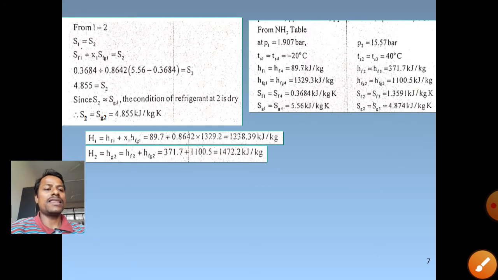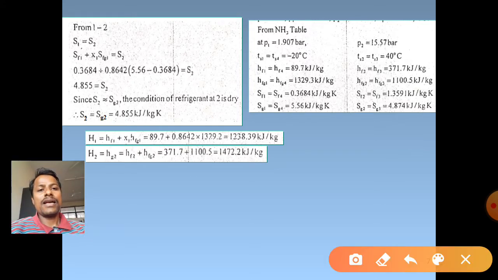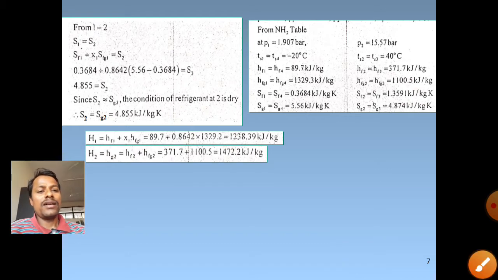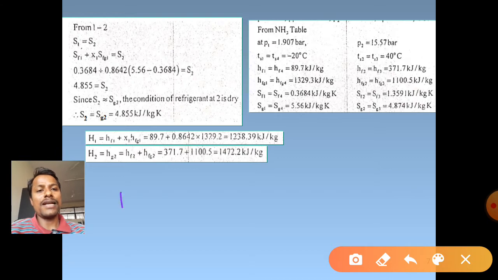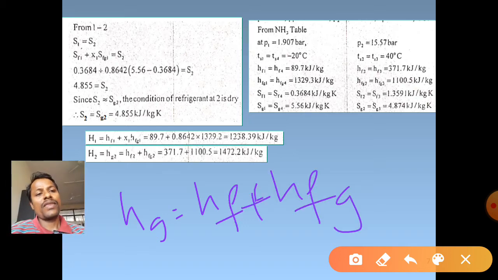Then similarly enthalpy at state 2 is to be calculated. At state 2 the condition of the refrigerant is dry saturated. For dry saturated refrigerant we can use the formula from the basics. We know that Hg is equal to HF plus X HFG. The dryness fraction value for a dry saturated state is 1.